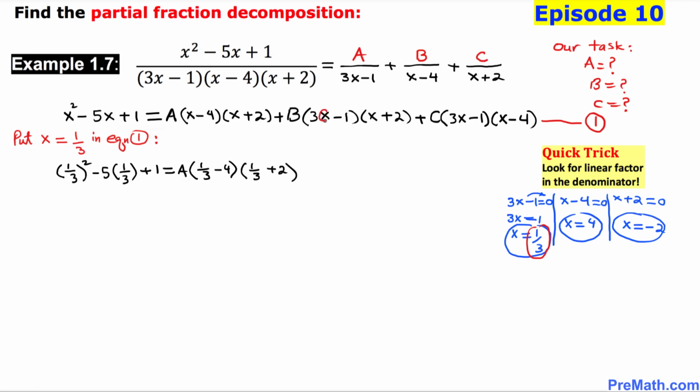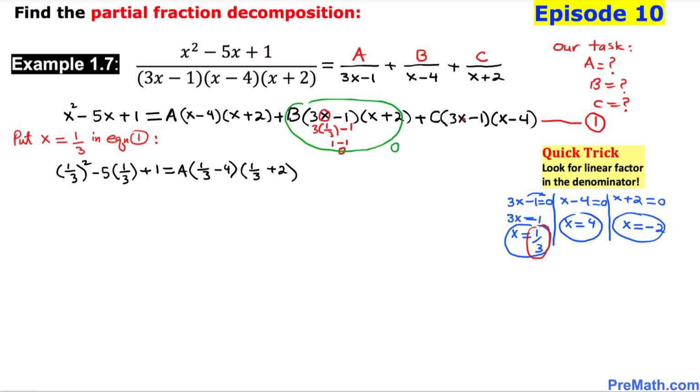And now let's look at B times 3x minus 1, and we know x is 1/3, so 3 times 1/3 minus 1. 3 times 1/3 is 1, minus 1 is going to give us 0. That means 0 times the whole term is going to become 0.